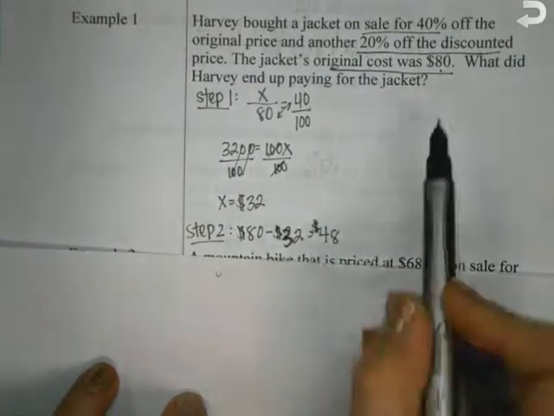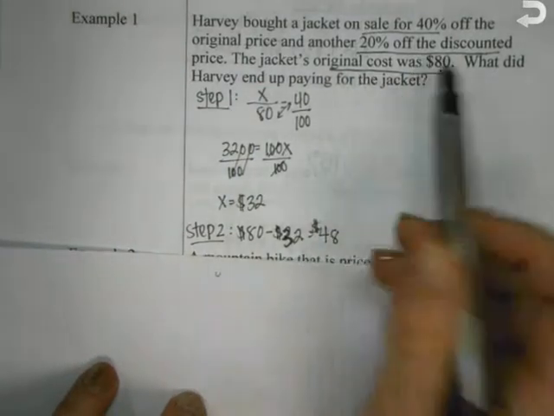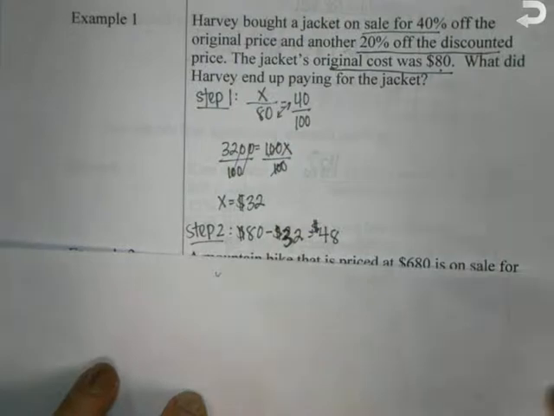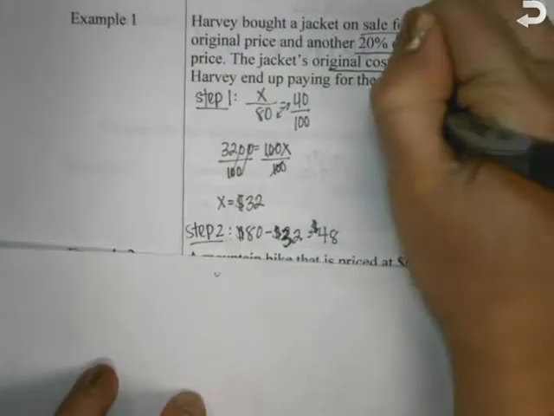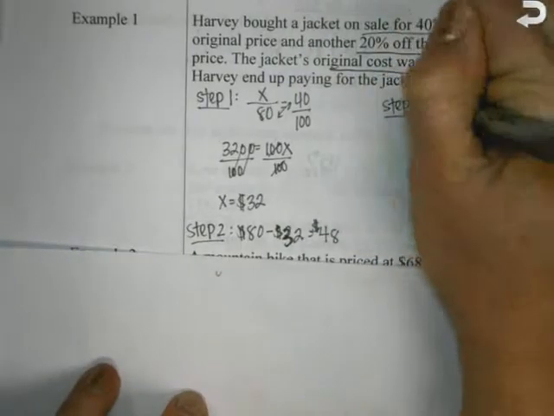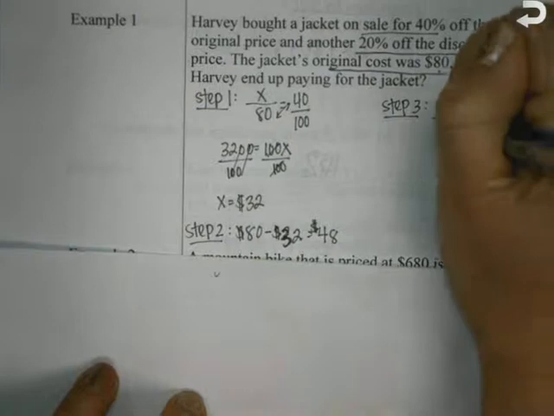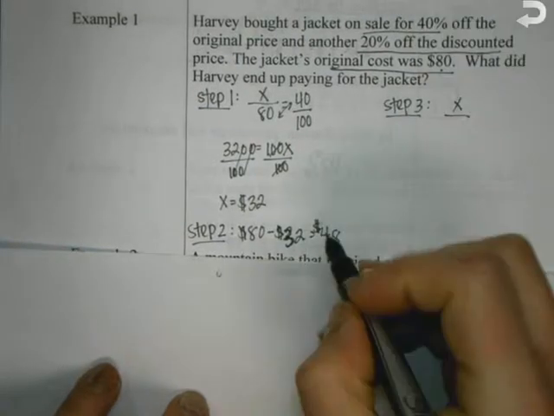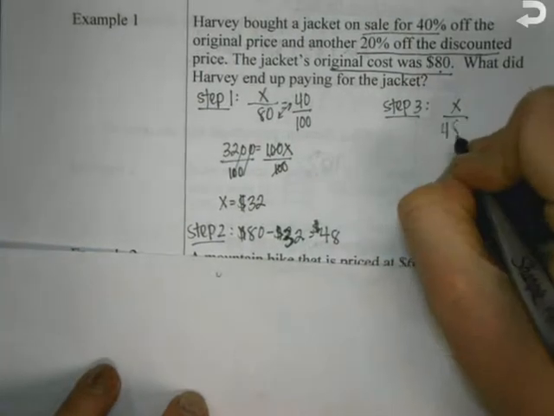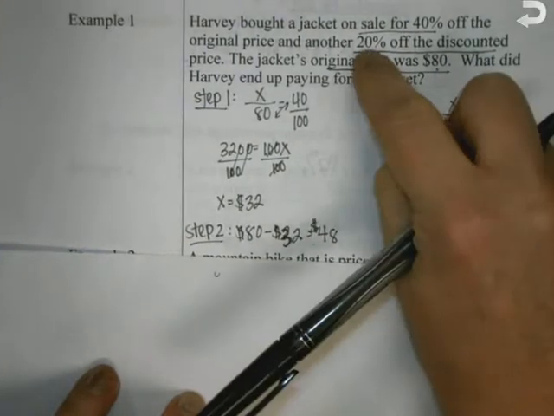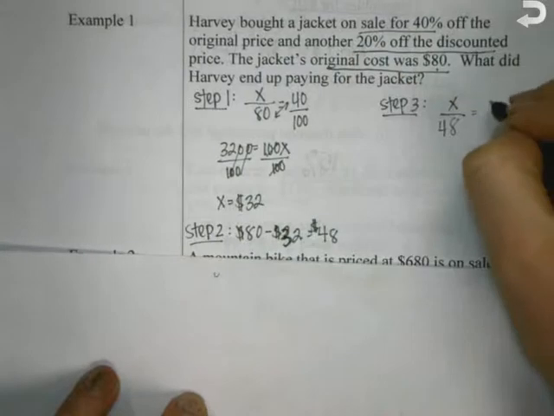So step 3, we set up another proportion. So that is x over 48 equals, what's the other percentage? 20 over 100.